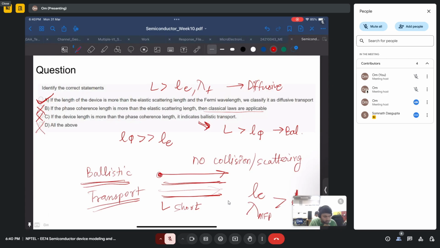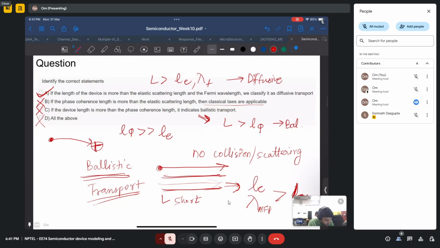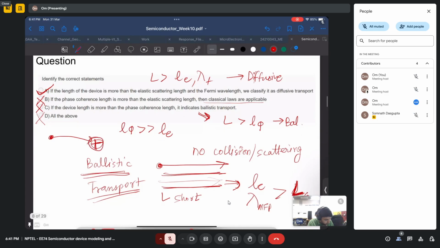This is not a consequence of this. I'm saying what is the condition for ballistic transport. Let's say there is an electron which just scattered from this charged ion.